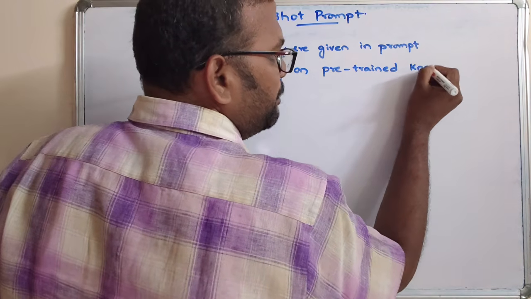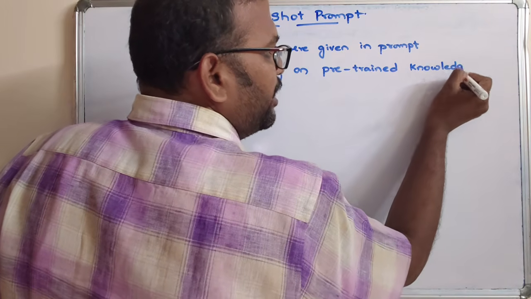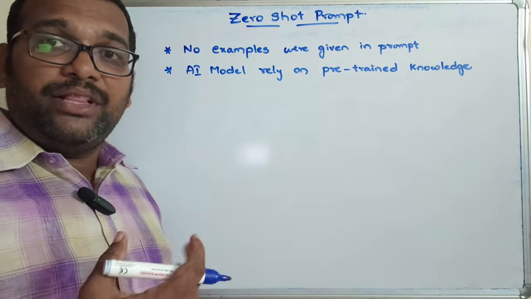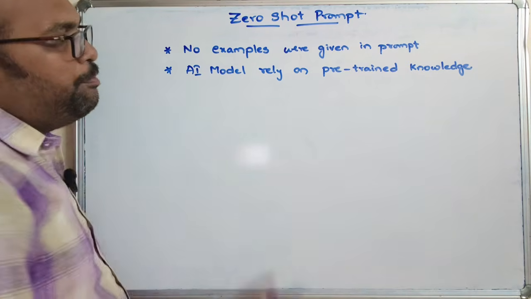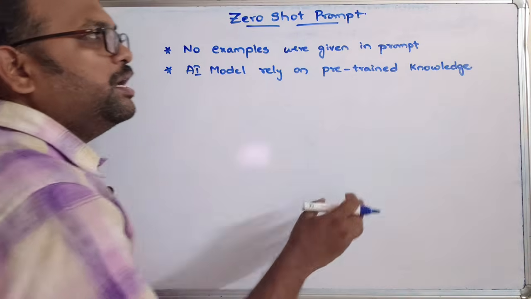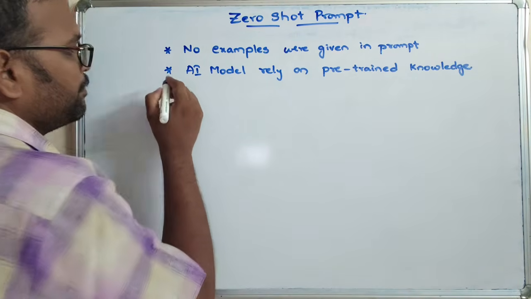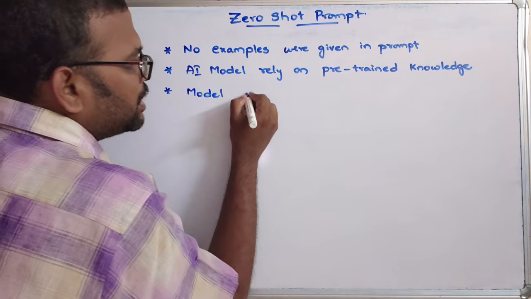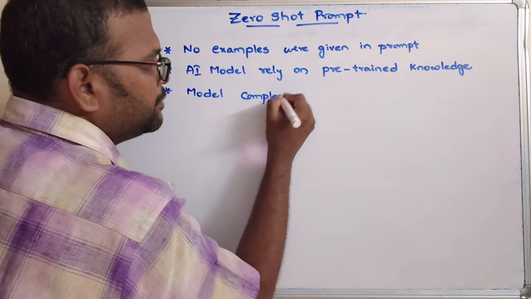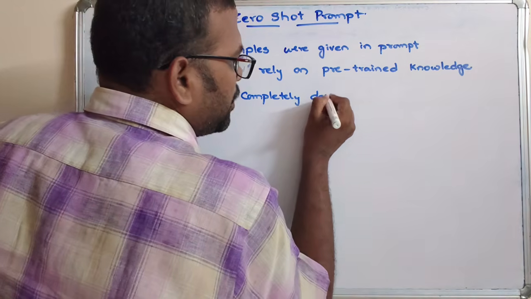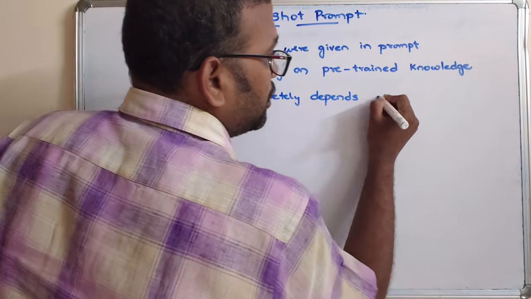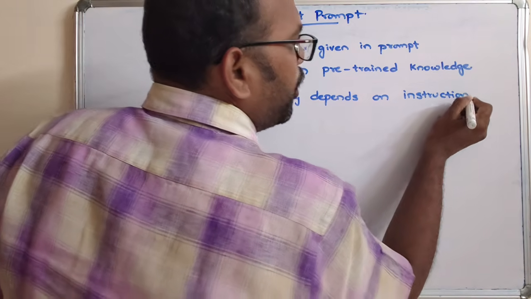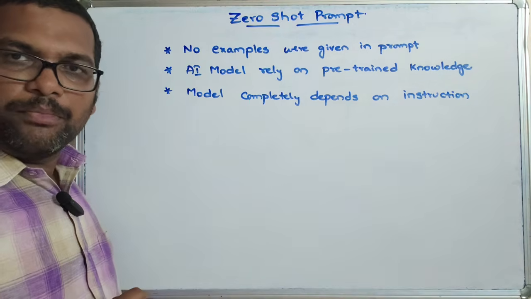We said that any AI model is trained with a massive data set, so purely from that pre-trained knowledge, the output will be generated. The model completely depends upon the instruction, and here the instruction means the prompt.